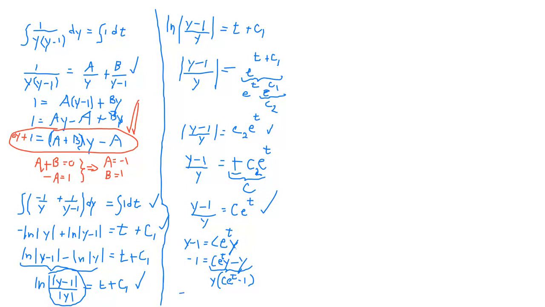So negative 1 divided by C e to the t minus 1 will equal y. That's your solution.